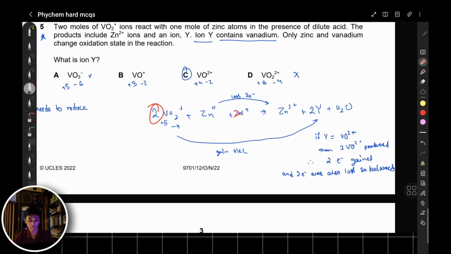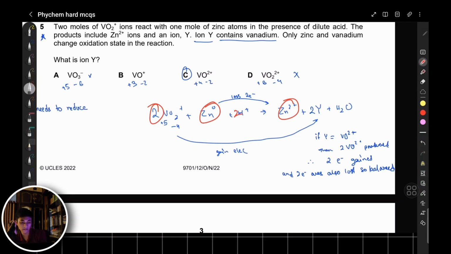Once you do that, you're going to notice that vanadium has to get reduced. Why? Because zinc is getting oxidized to a state of 2+. Since it's losing those electrons, another species has to gain those electrons. And which could that be? Vanadium oxide.